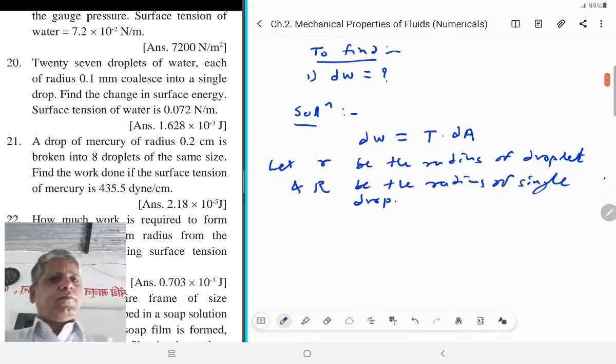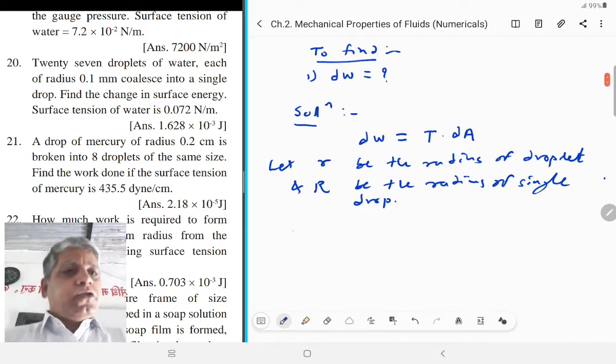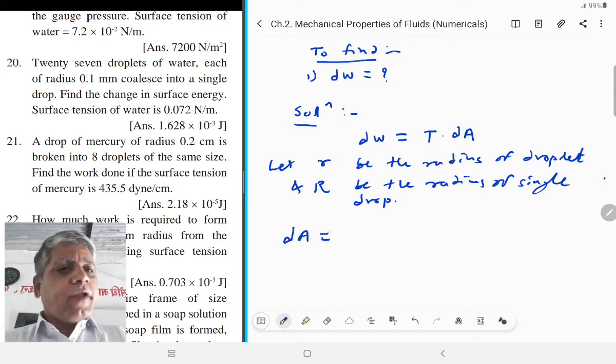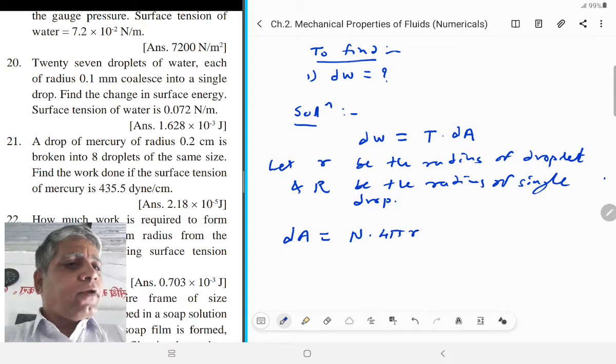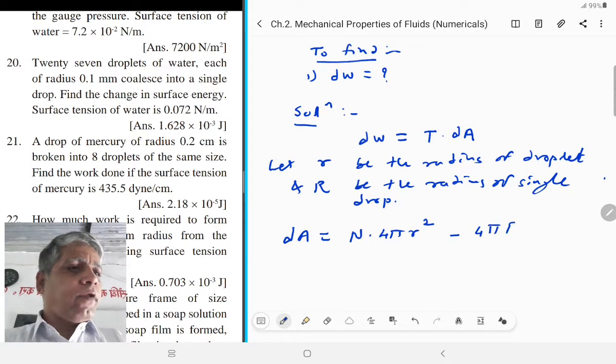Then change in surface area is equal to n times 4 pi into small r square minus 4 pi into capital R square.